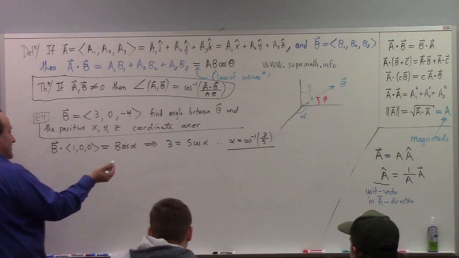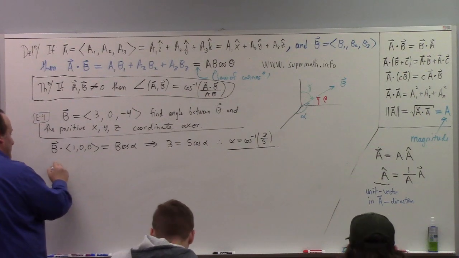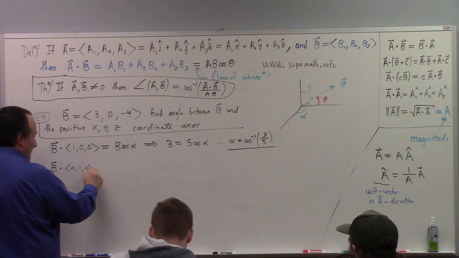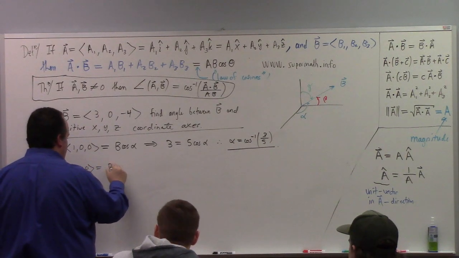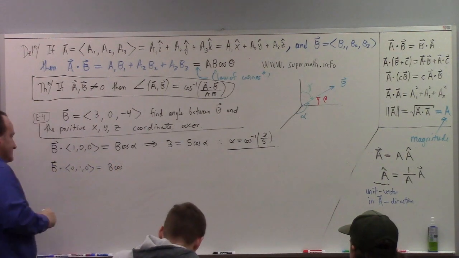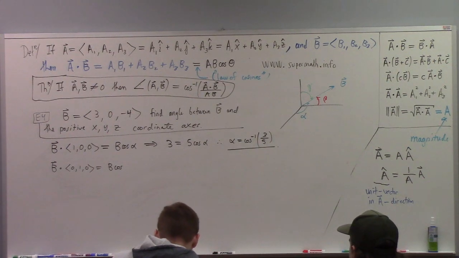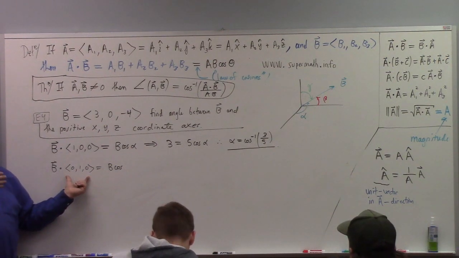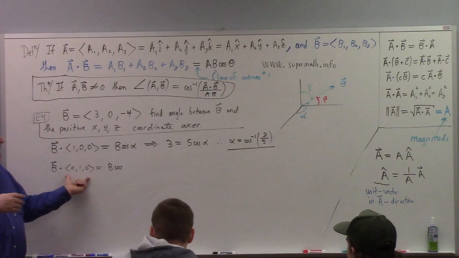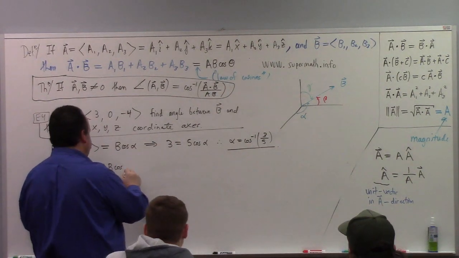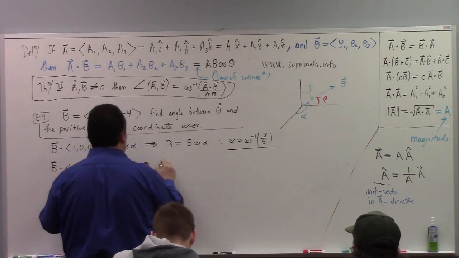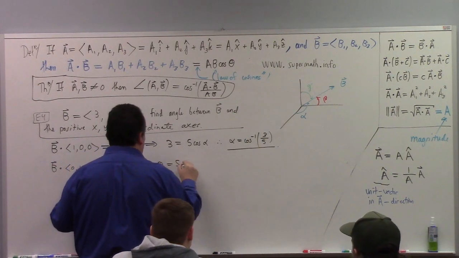On the other hand, if we take B dot 0, 1, 0, that's going to be B times the cosine of what? This is in the y direction, right? So this is going to measure the angle from the positive y-axis to my vector, and I called it beta. So the dot product is 0, right? 0 is equal to 5 times the cosine of beta.